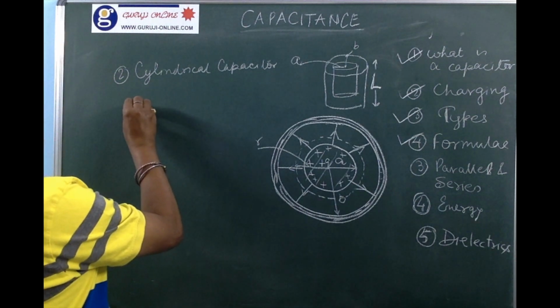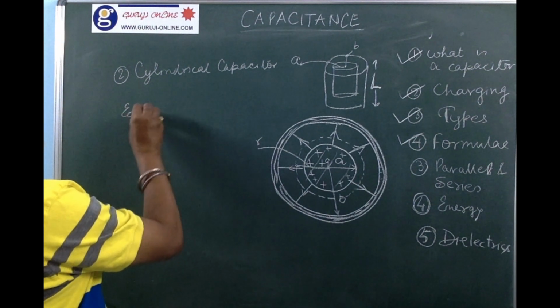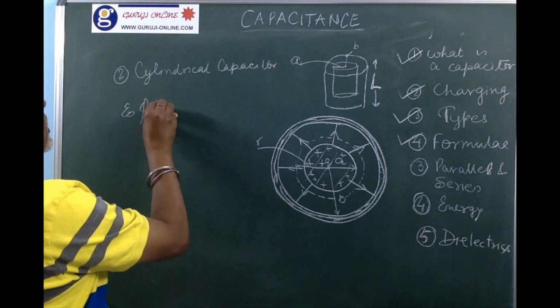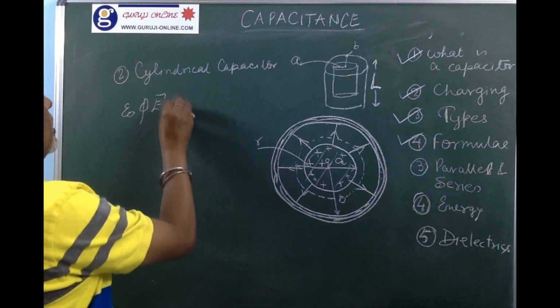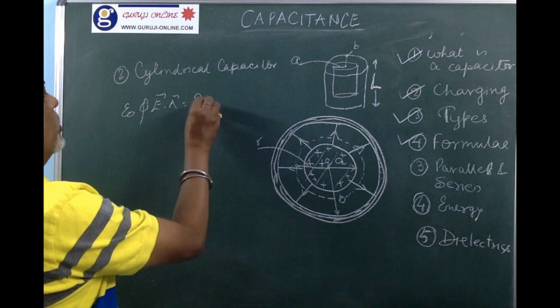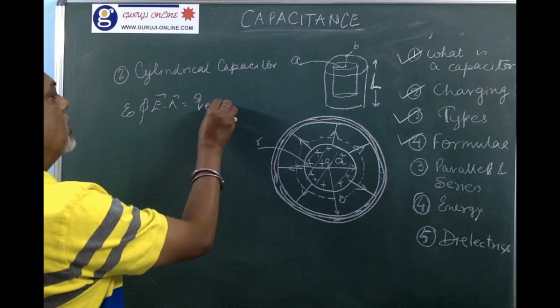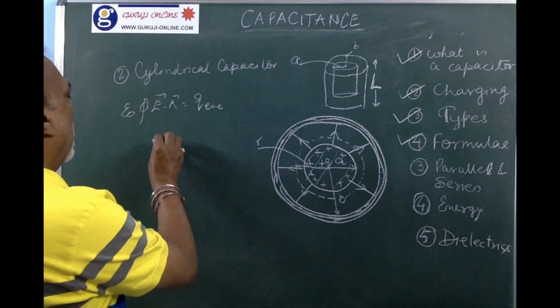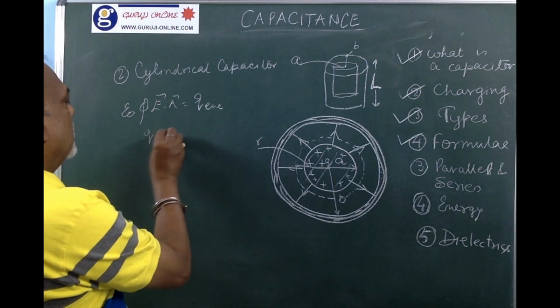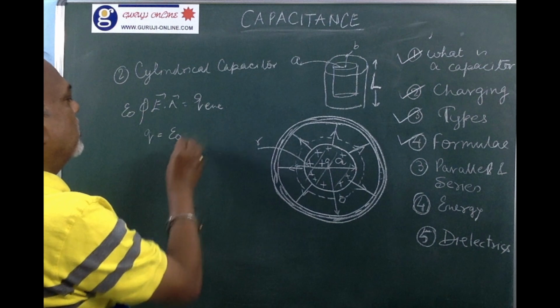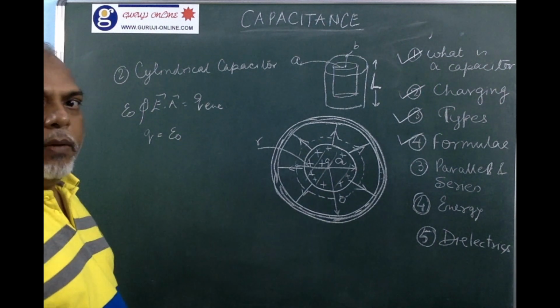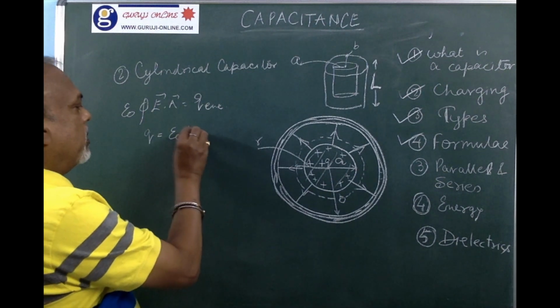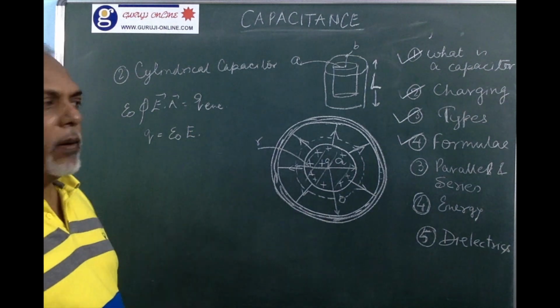So again, by Gauss law, Q enclosed, or Q, will be nothing but epsilon 0 E, and what will be the area?